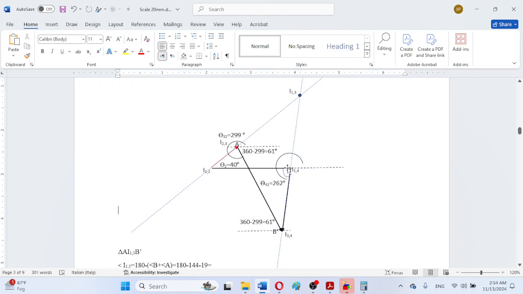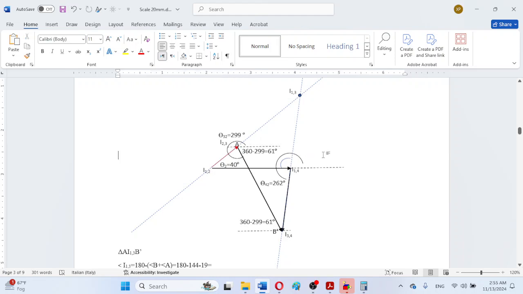After that we can also observe, at this location, this angle and this total angle are corresponding angles.